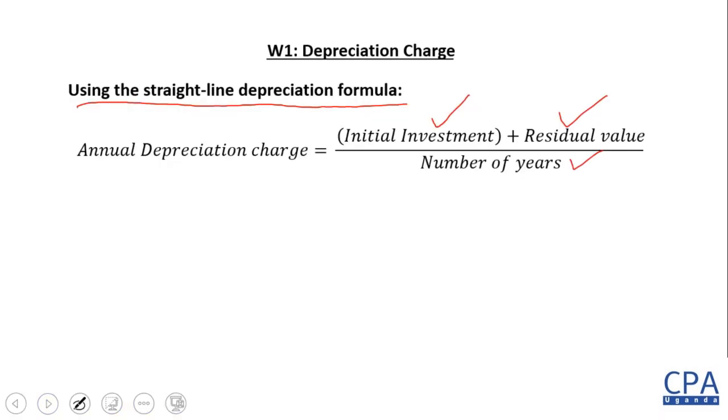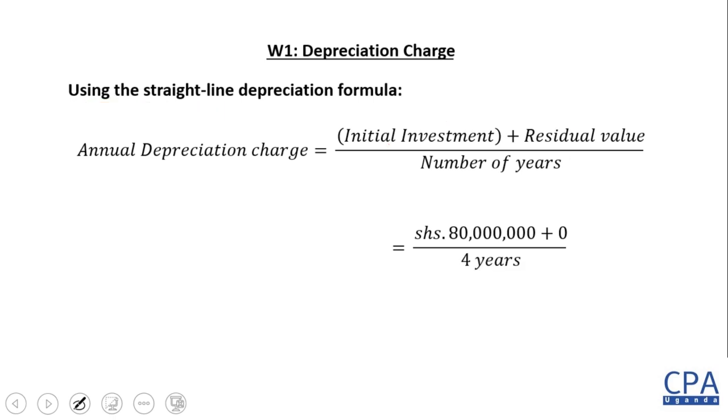So straight away to my workings, I will substitute 80 million where we have the initial investment. I'll substitute the 0 to stand for the residual value, which is nil. And then I'll divide by the 4 years.